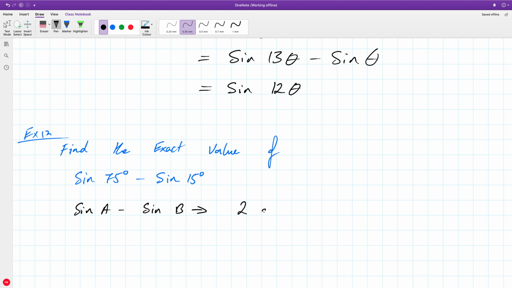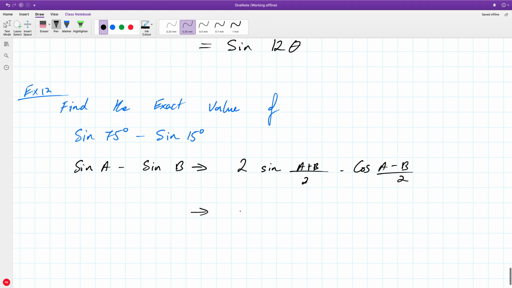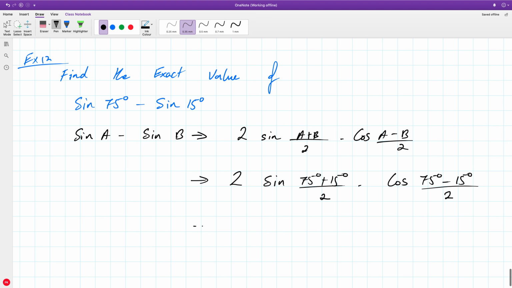Sine A minus sine B. So that's 2 times the sine of A plus B over 2 by the cos of A minus B over 2, which is 2 times the sine of 75 degrees plus 15 degrees over 2 by the cos of 75 degrees minus 15 degrees over 2, which is 2 times the sine of 75 plus 15 is 90 over 2, which is 45 degrees, by the cos of 60 degrees divided by 2, which is 30.